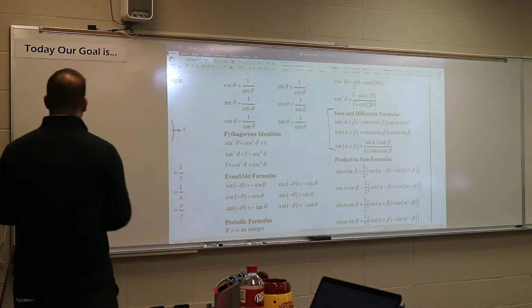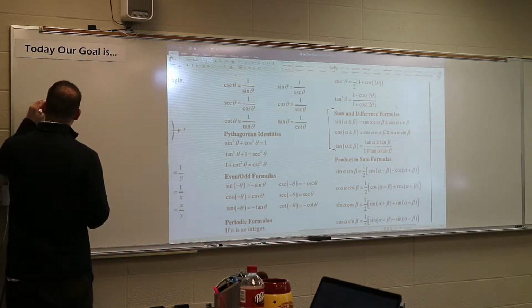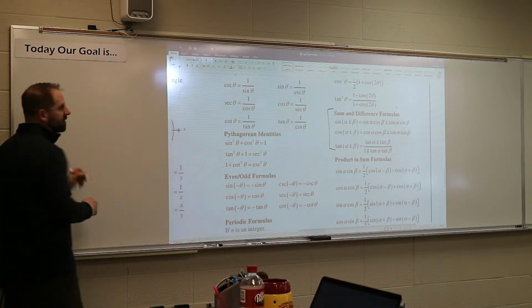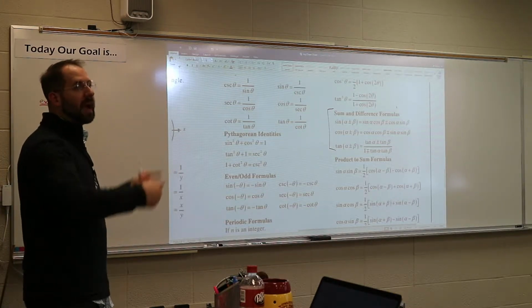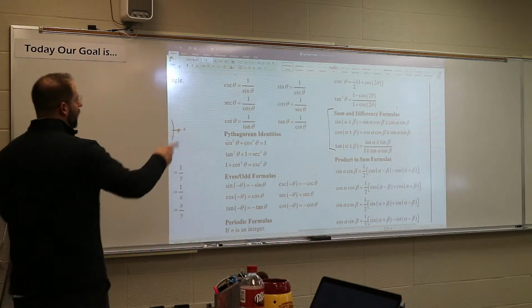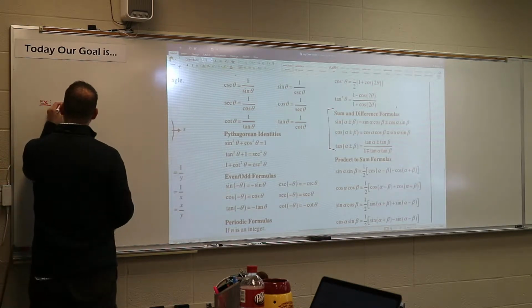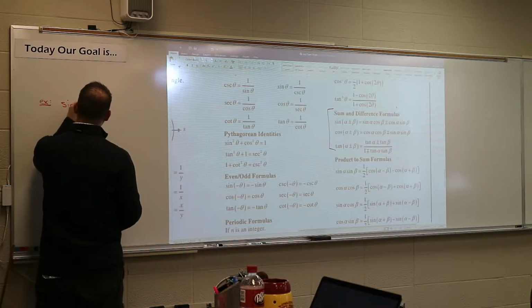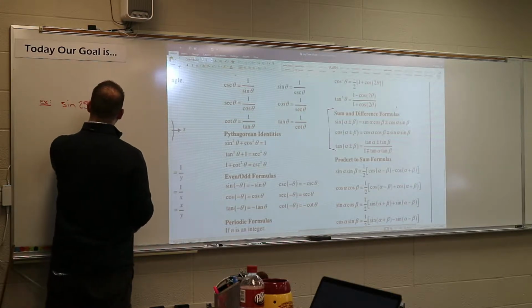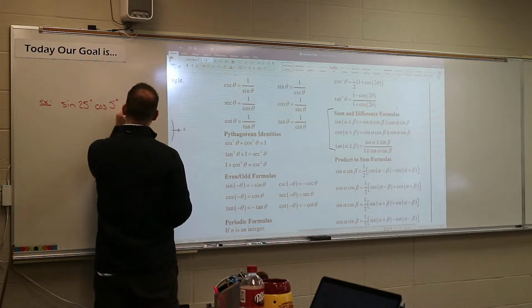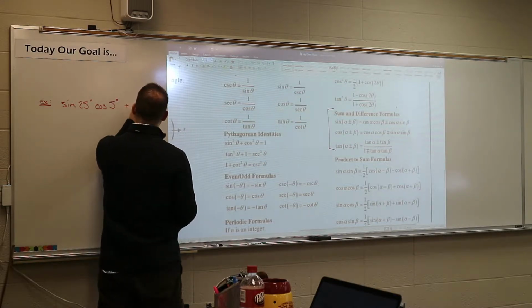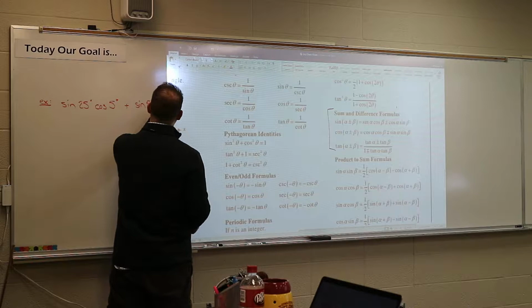For instance, we'll start here. I'm going to start with one of those instances where maybe you have a very difficult problem to start with and you want to go backwards the other direction. So I'm going to use one of those formulas up here. Sine of 25 degrees, cosine 5 degrees, plus sine of 5, cosine 25.